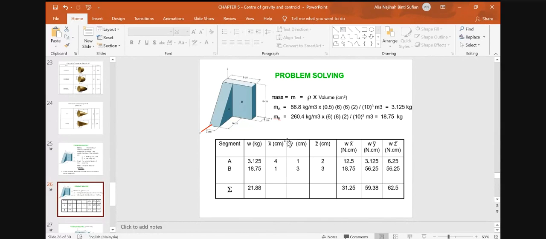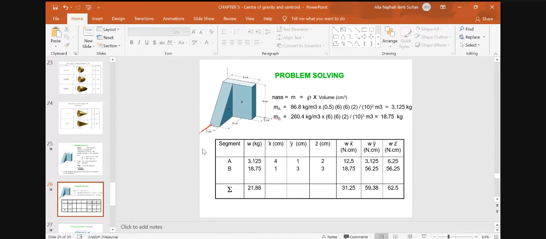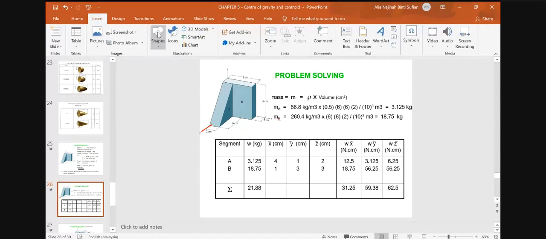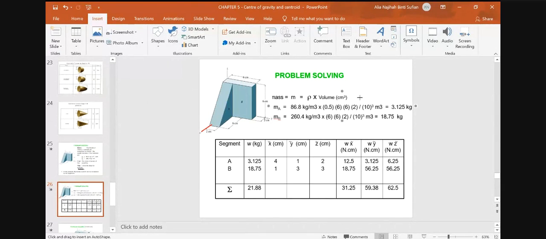Thank you. Now let's go to part A. The x-axis is 6. Now let me draw the triangle.